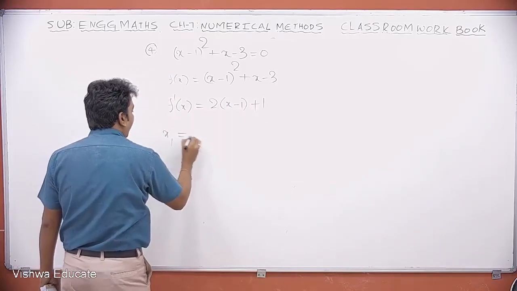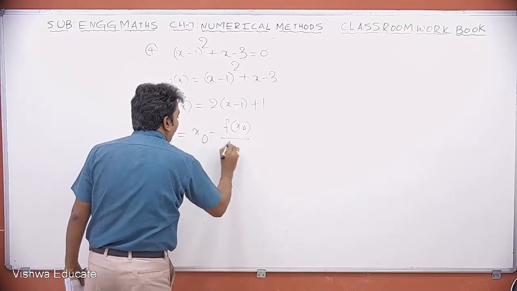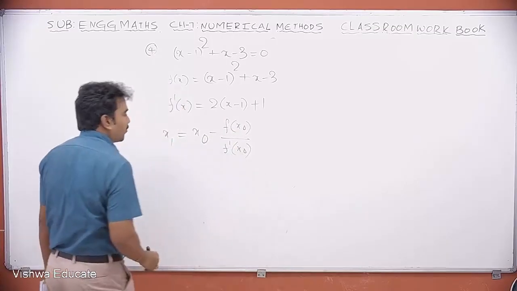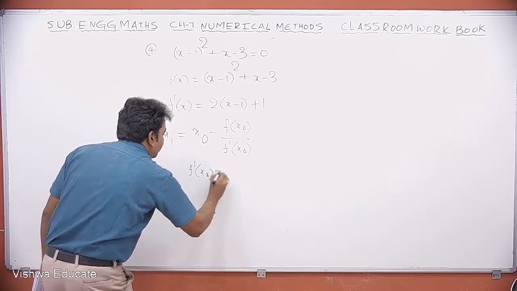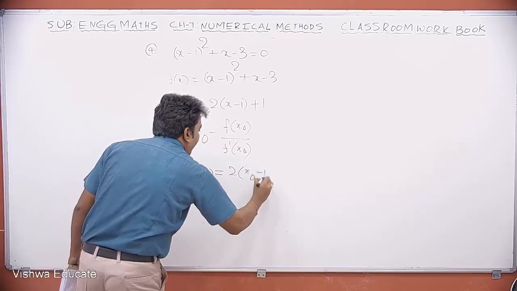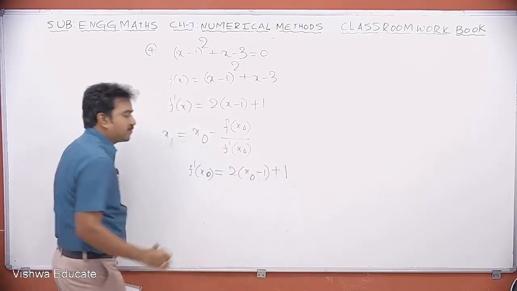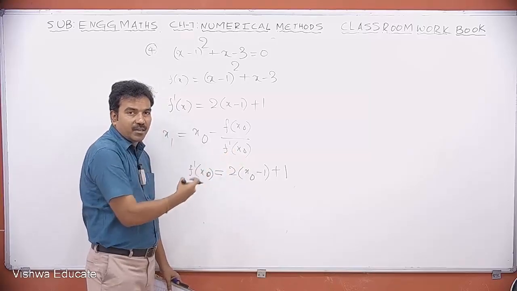So here the x1 value is x naught minus f of x naught divided by f dash of x naught. Now here what is the f dash of x naught? This becomes 2 into (x naught minus 1) plus 1. Now actually this f dash of x naught is written in the denominator part.